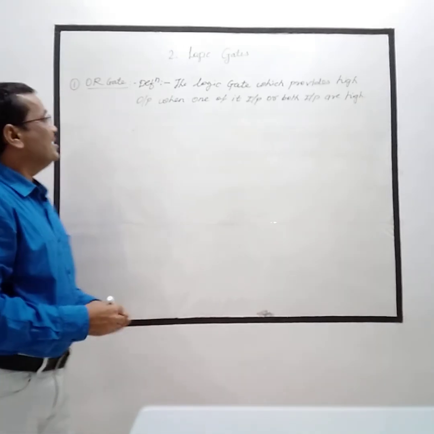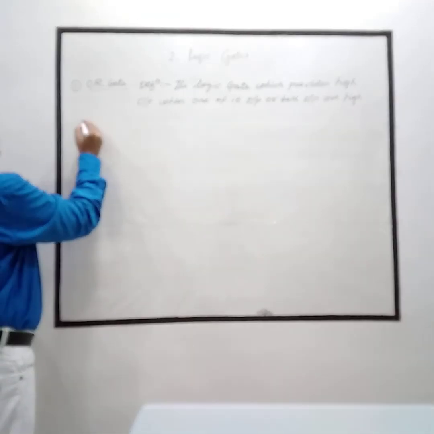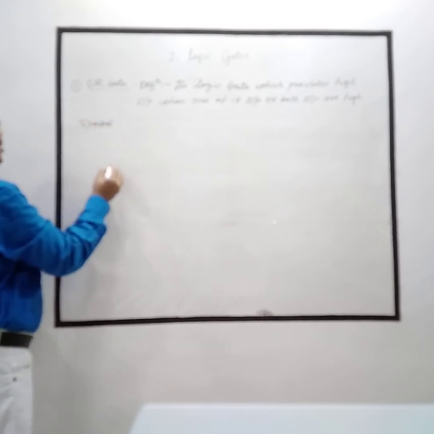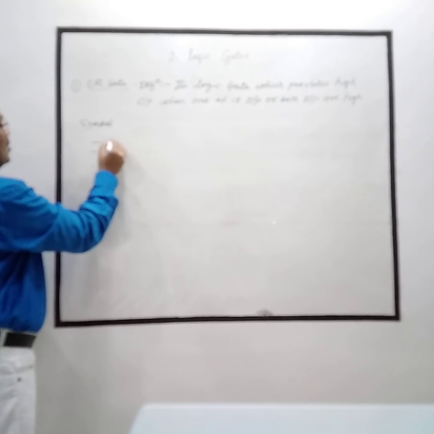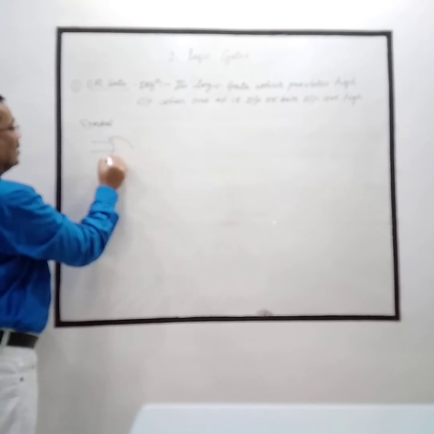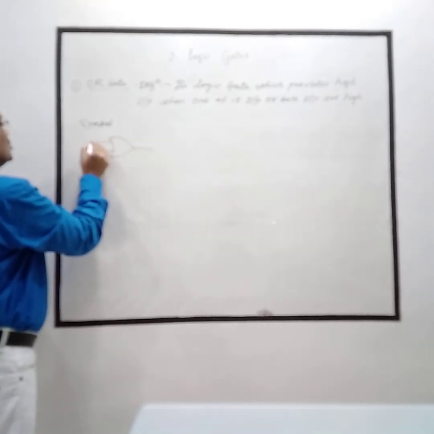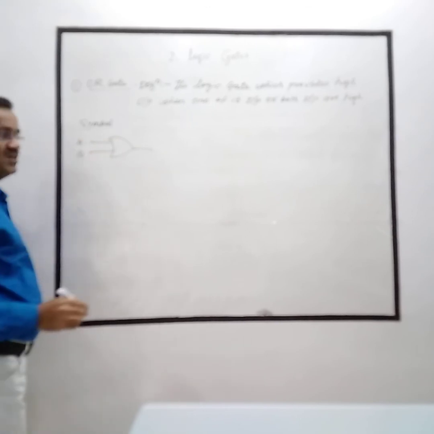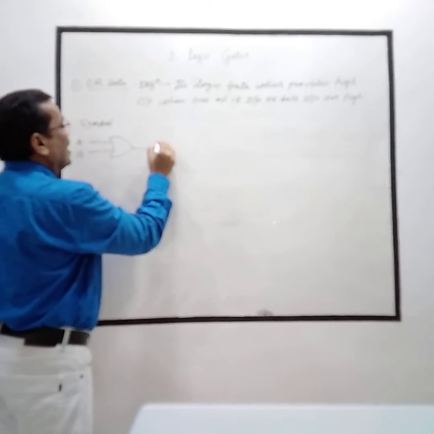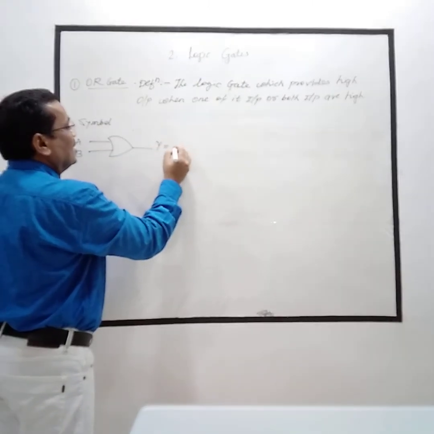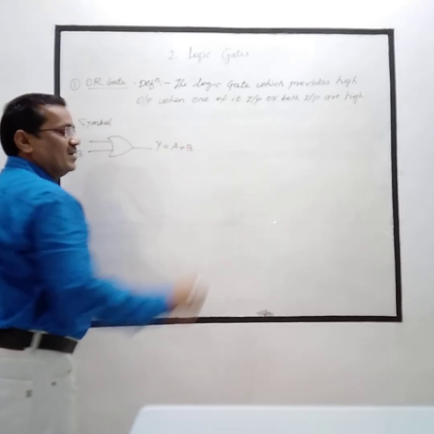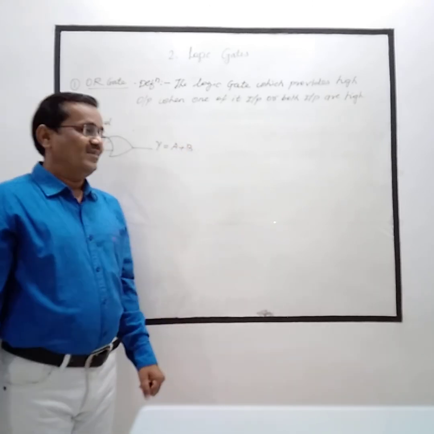Next, the symbol of the OR gate will be like this. It takes two inputs, A and B, and Y as output. A ORing with B. OR means to add.